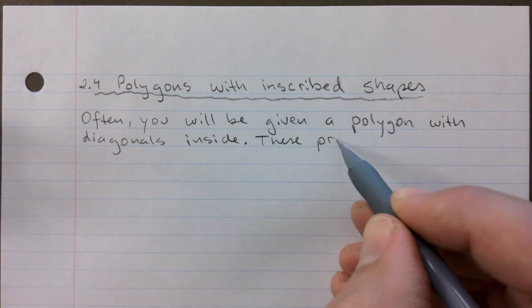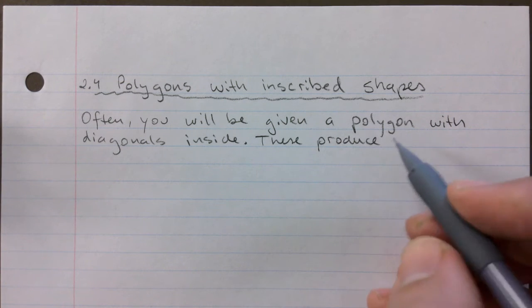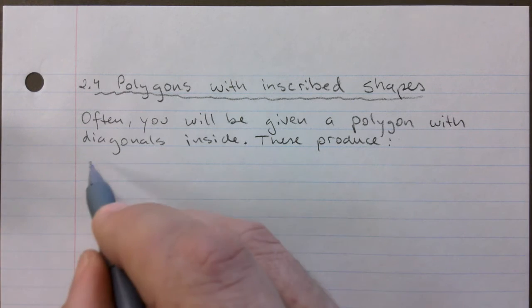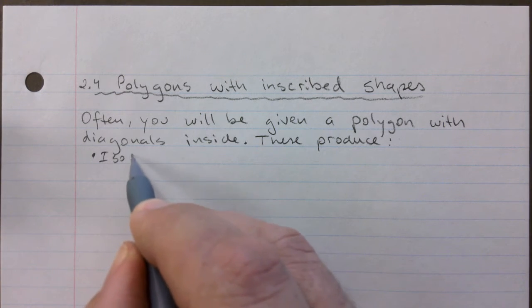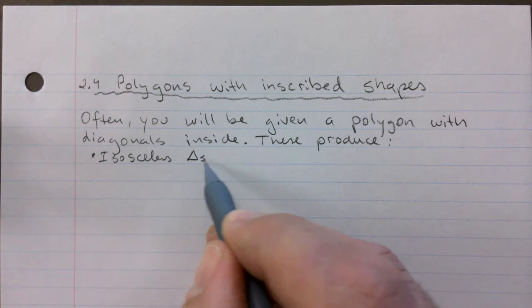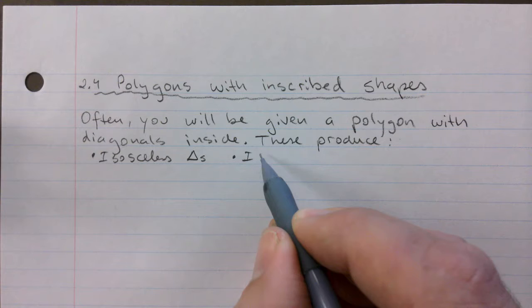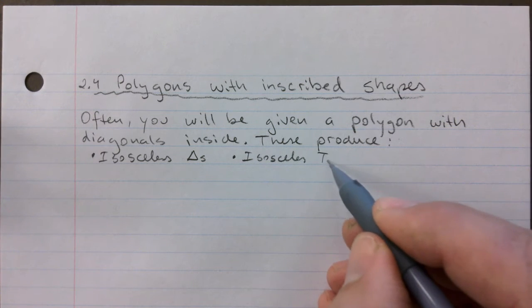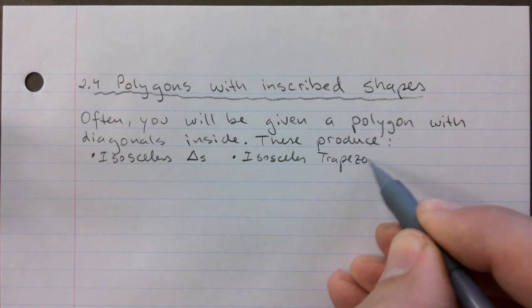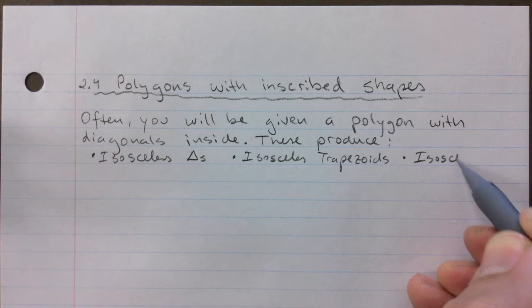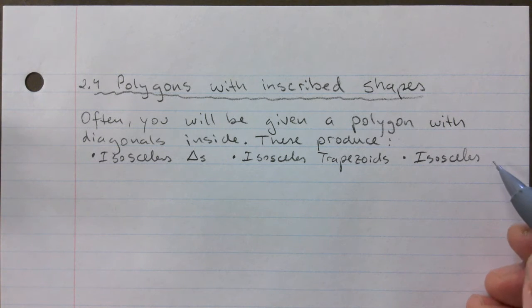These produce isosceles triangles, isosceles trapezoids, and isosceles pentagons.